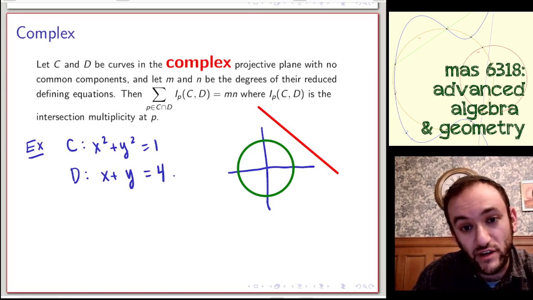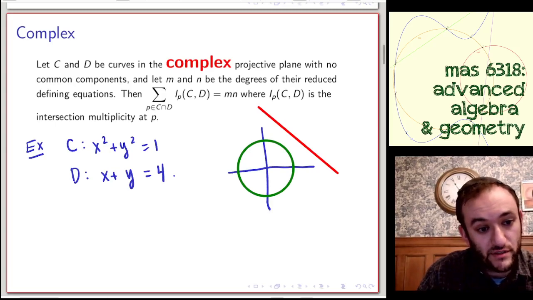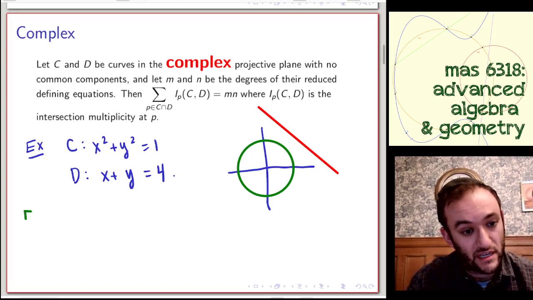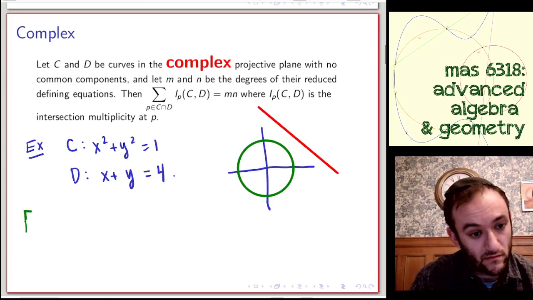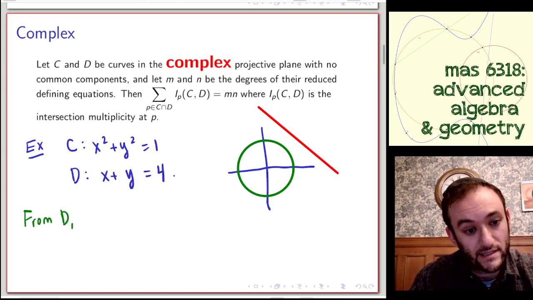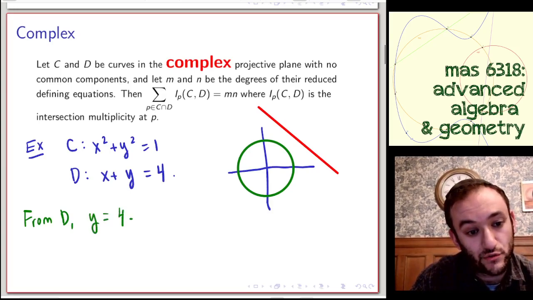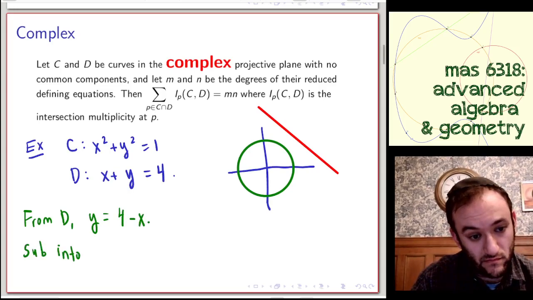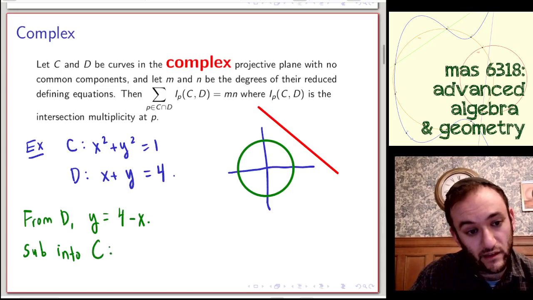But we can try and solve over the complex numbers just algebraically. So we can take, for instance, from D, y equal to 4 minus x and then substitute it into C. And we'll get x squared plus (4 minus x) squared equals 1.